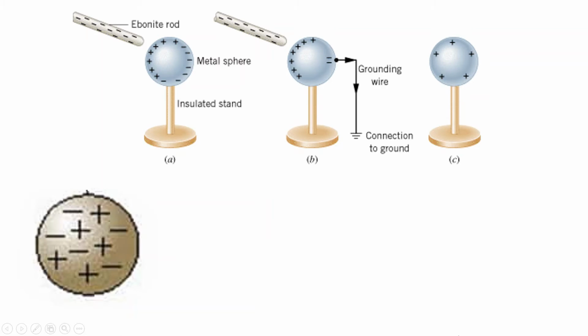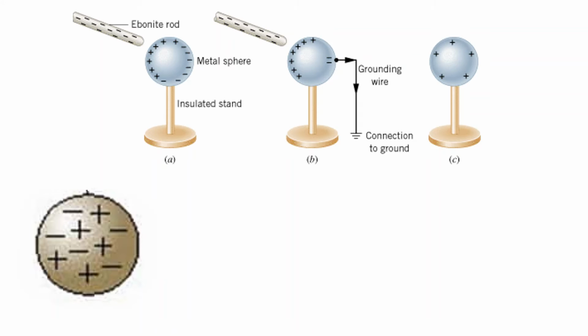Okay, so let's have a look at this diagram. If you look at the ebonite rod, which is negatively charged, and that is brought close to a metal sphere. Originally, the metal sphere is uncharged, meaning that you have delocalized electrons and positive metal ions in it, and they are evenly distributed.